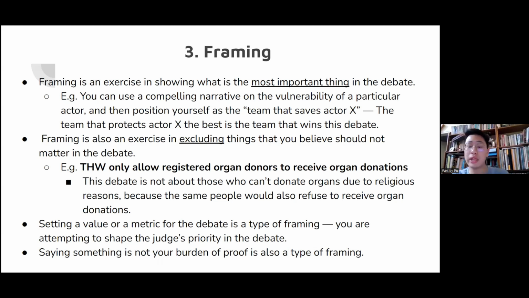So it's debating around the arguments rather than debating the arguments themselves, because you're telling the judge why an argument was important, and then you engage within the argument itself. Framing is drawing circles and graphs around your argument to prove why they were important, or why other arguments were less important, or why other lines of argument that opposition can make were not part of this debate. That's framing.